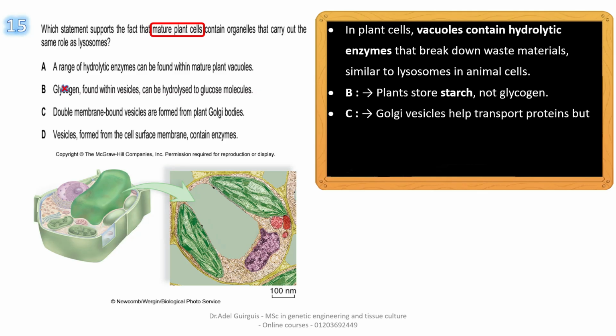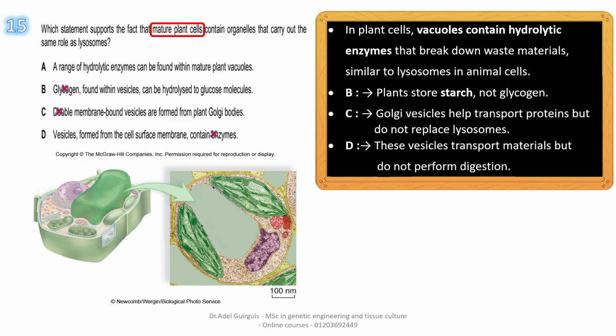For letter C, Golgi vesicles help transport proteins, but do not replace lysosomes in their function. For letter D, these vesicles formed from the cell surface membrane are for transportation of material but not for digestion like lysosomes. So the answer is A.